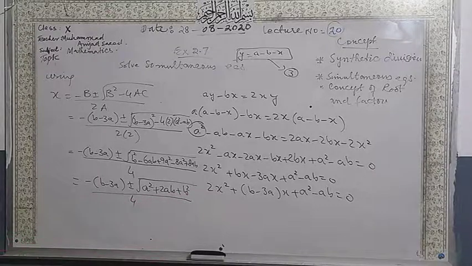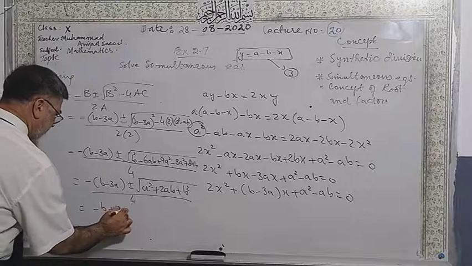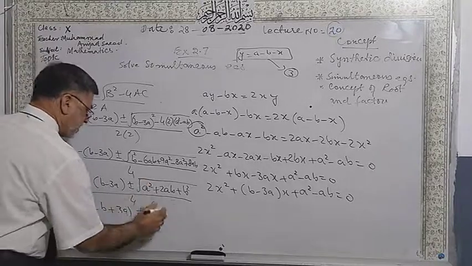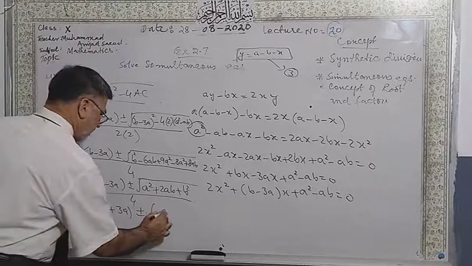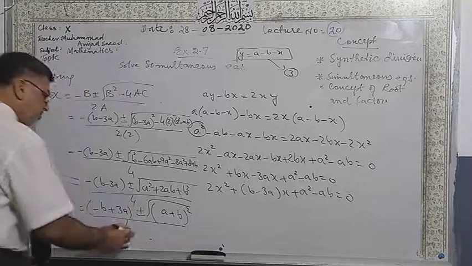So we can write down minus b plus 3a plus minus, this is actually a plus b whole square, whole under root over 4.